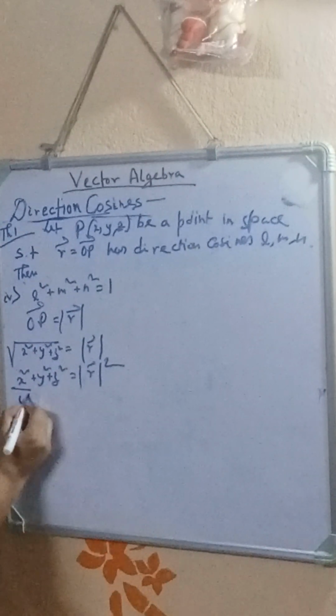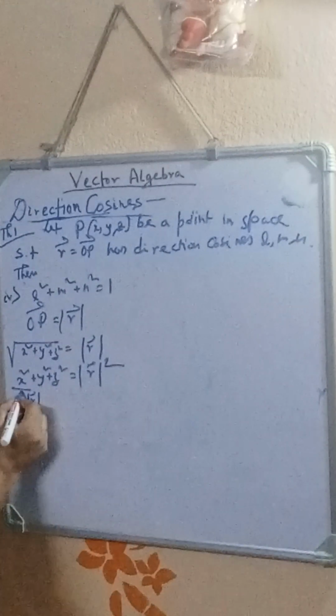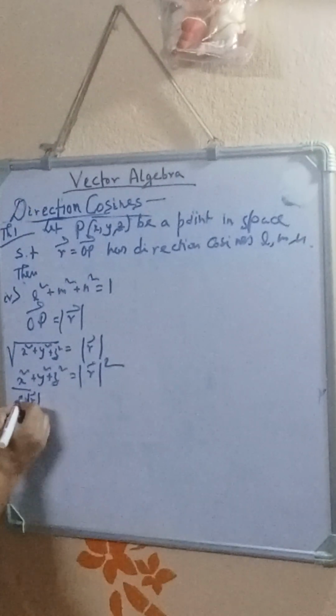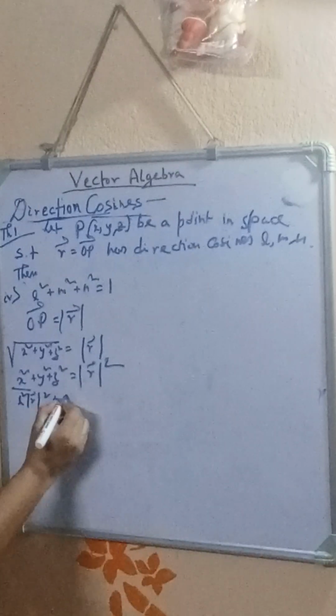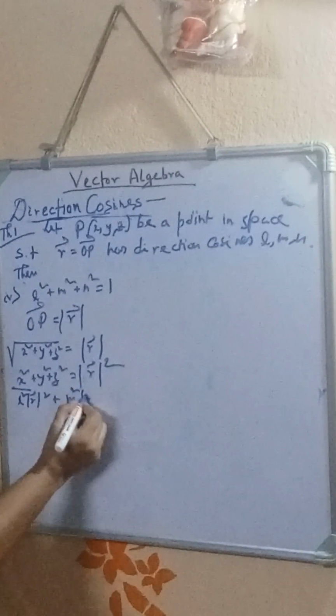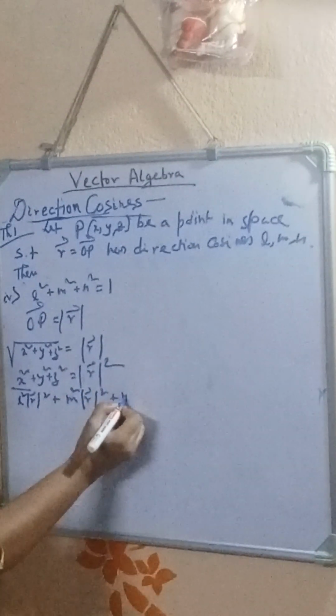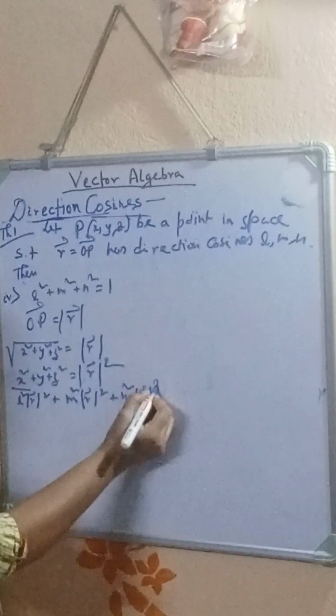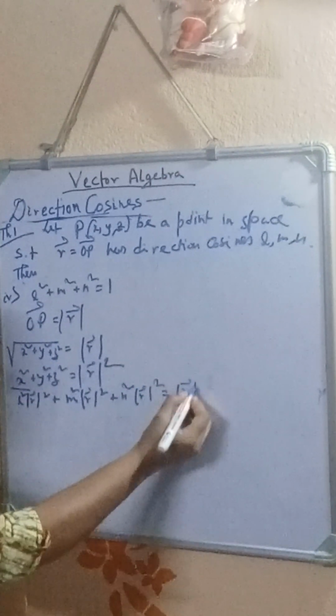So l square r square plus m square r square plus n square r square equal to modulus of r square.